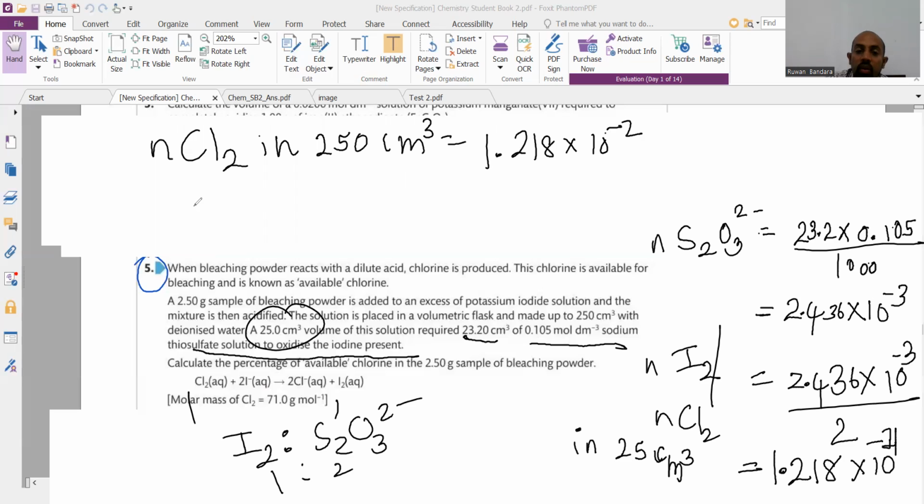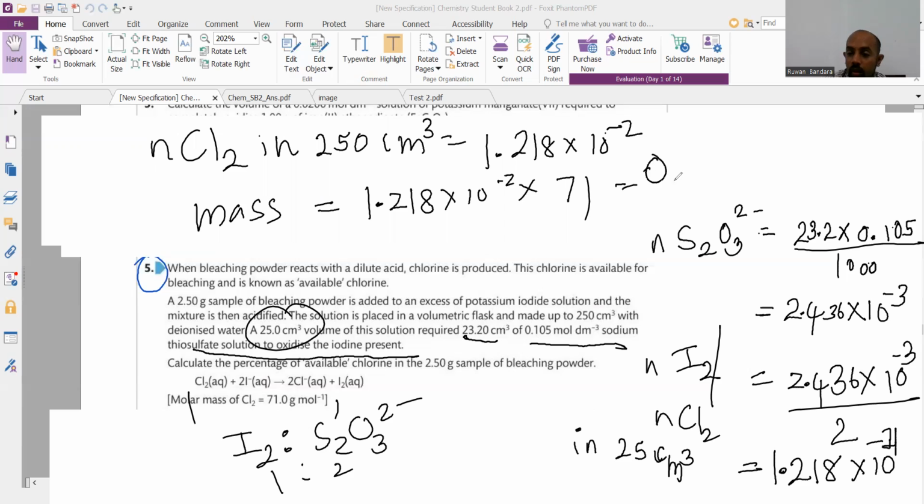Then you know the moles, therefore the mass. So 71. So it's only 0.865. Therefore, the percentage is divided by 2.5.